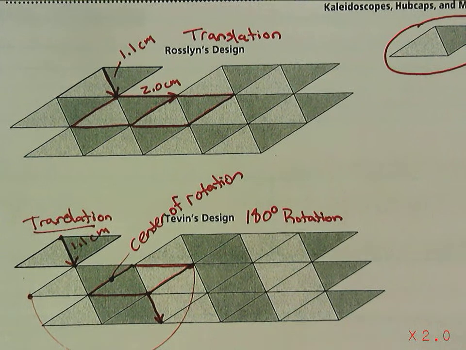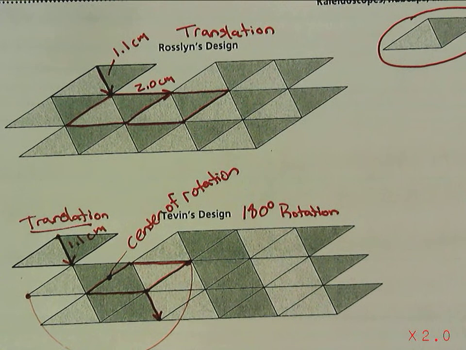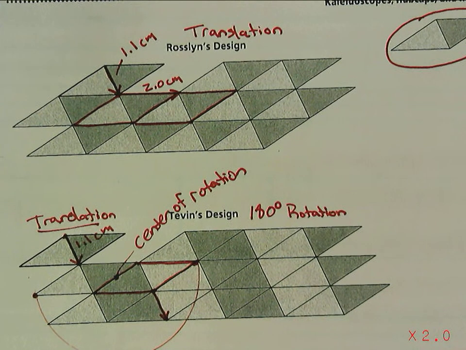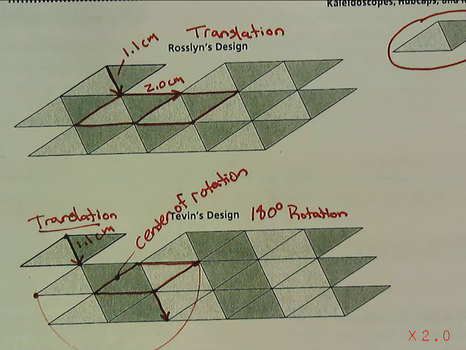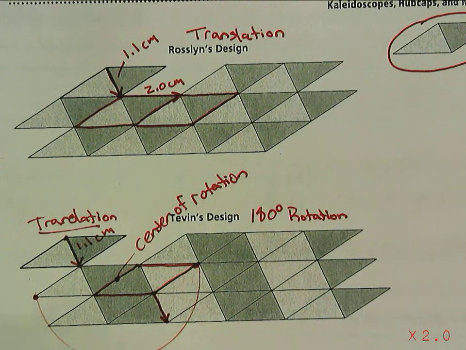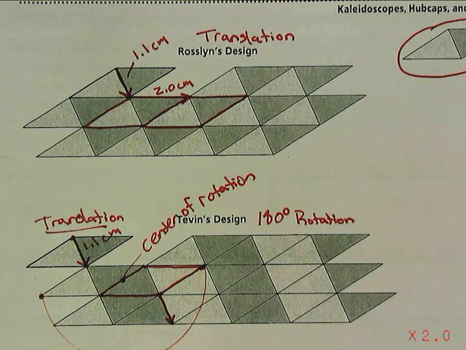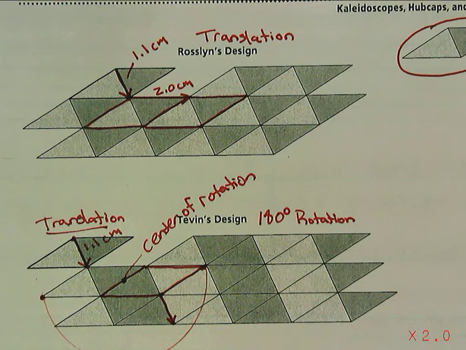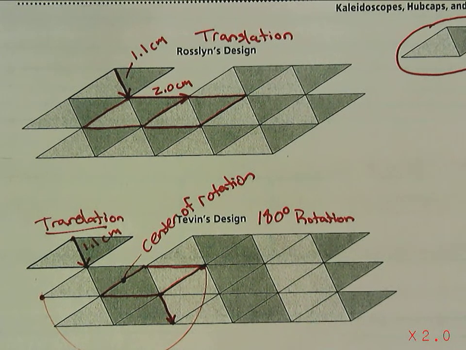And so that's tessellations. There's lots of interesting designs. If you look up tessellations on the internet, you'll see a whole bunch of amazing artwork centered around tessellations, taking designs and repeating them over and over again and using them to create patterns. And so that finishes up investigation 2 from kaleidoscopes, hubcaps, and mirrors.